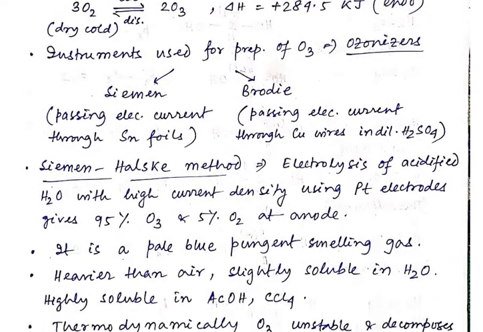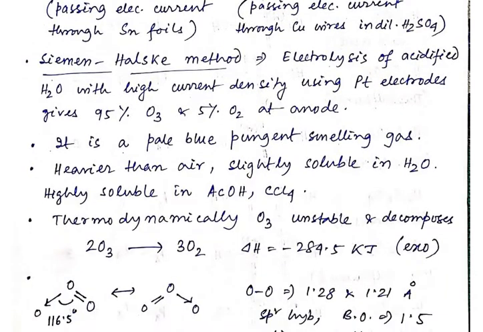First of all, we are discussing the Siemens Halske method. In this method, the electrolysis of acidified water with high density of current using platinum electrodes gives 95% ozone and 5% oxygen at the anode. So that is the Siemens method.